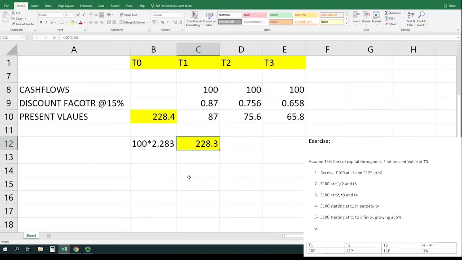But to use this, you have to have the same amount being received every year. If you're receiving or paying different amounts every year, then you have to use the present value table, not the annuity table.